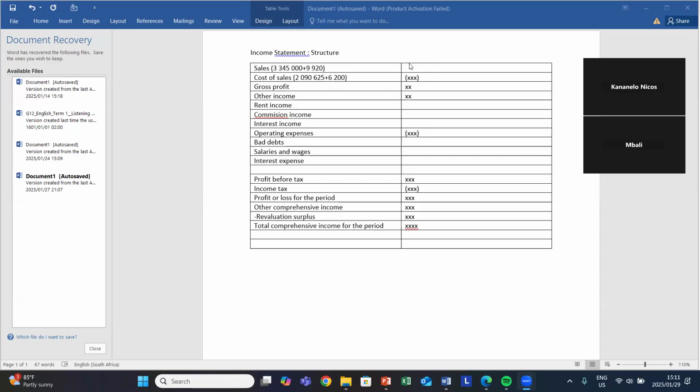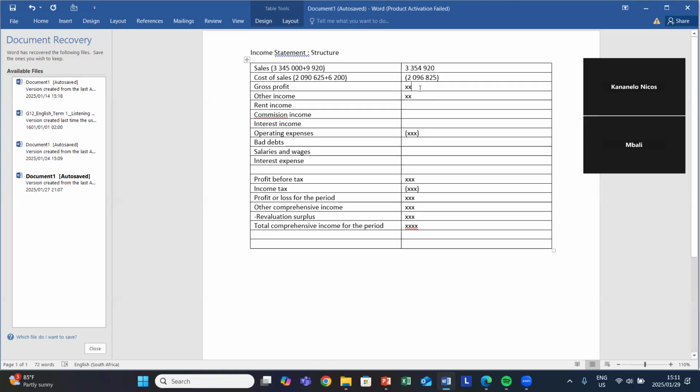Let me write it. You said 3,354,920. And then we go to our cost of sales. We'll say 2,090,625 plus 6,200. And then we get our cost of sales as 2,096,825.